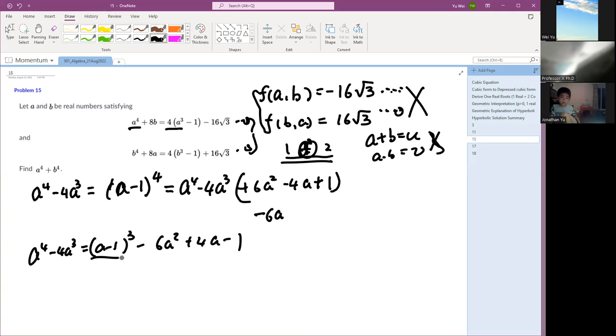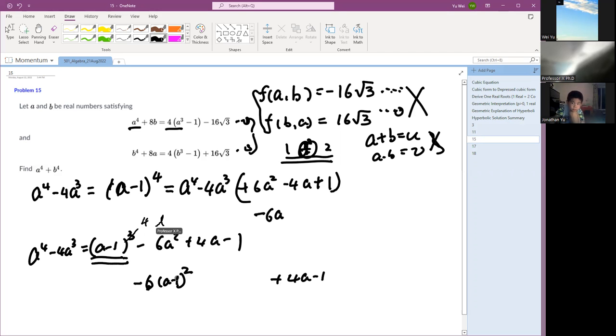Now I want to do it again. Look. Take out 6 of the A minus 1 to the square. We need to add 4A minus 1. We take out the plus 12A, right? Do we need to subtract 12A? Yeah. We take out 6. Do we need to plus 6? Yeah.